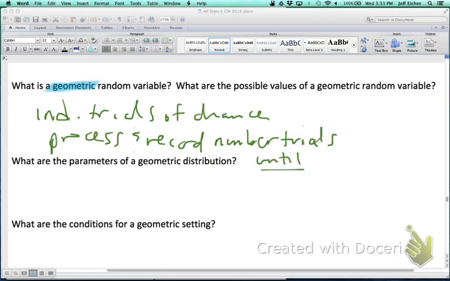And the until is the most important part. Until we get a success. That is, oh boy, that's a success, okay?